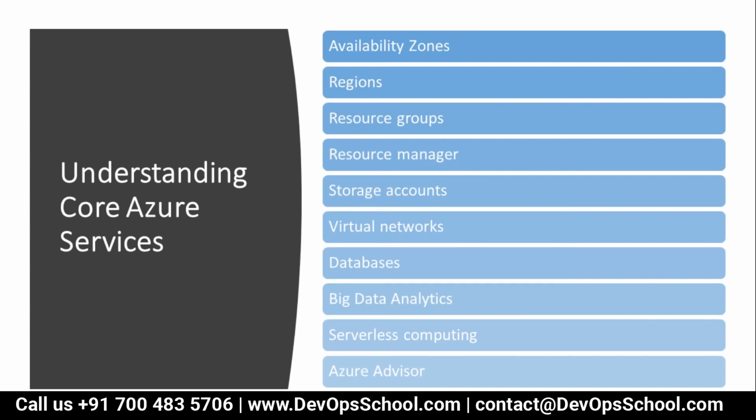Like if I talk about the South India region, maybe your data center will be available in Chennai, Bangalore, Hyderabad, or Pune. The exact location you are not able to find out. Clear? Any doubt?